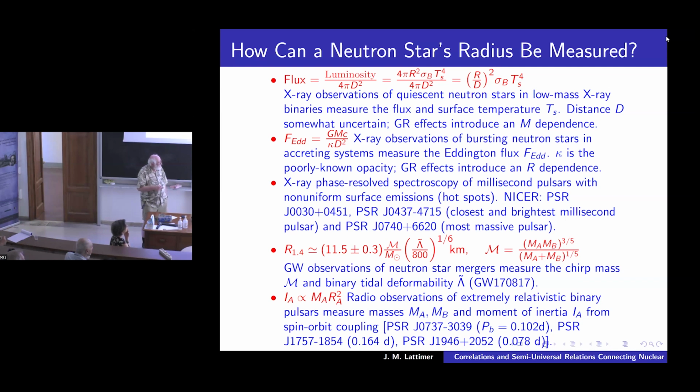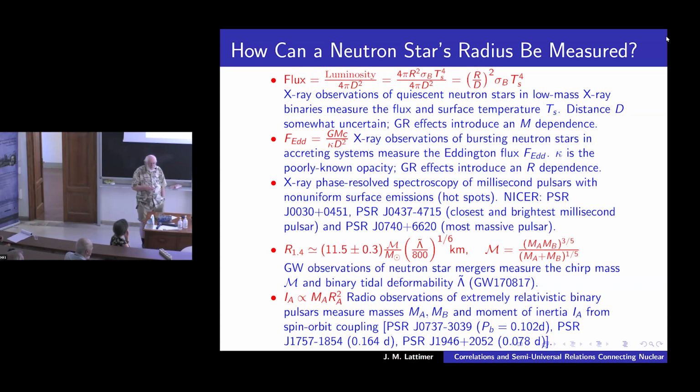General relativity will introduce additional corrections to this that depend on the radius of the star, a redshift factor mostly. And so if we have two different measurements of these quantities for the same system, we can infer the mass and the radius if we understand the distance and can measure the temperature as well.